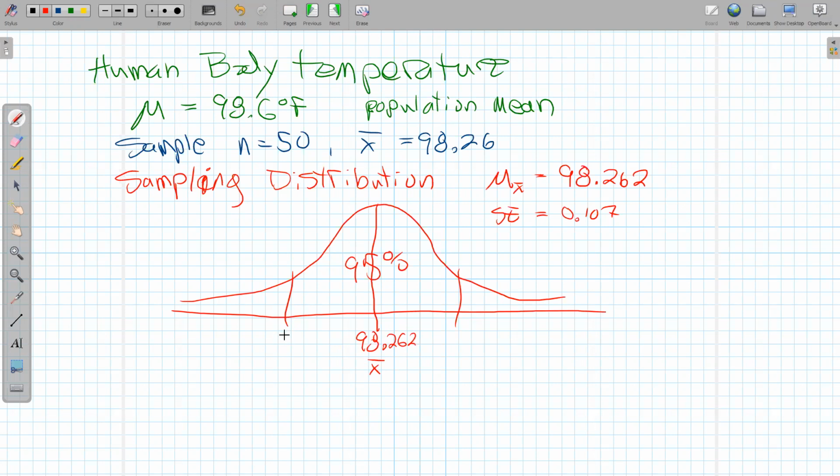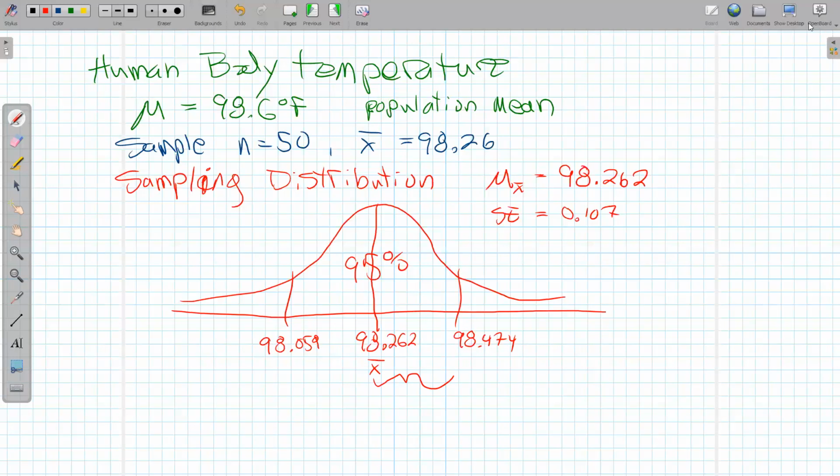And out on the left, they thought the lower end for the population should be 98.059. And the upper end, StatKey says, is 98.474. And so the margin of error is our estimate of the distance from the center to the edge. We get that by taking the upper minus the lower, cutting it in half.